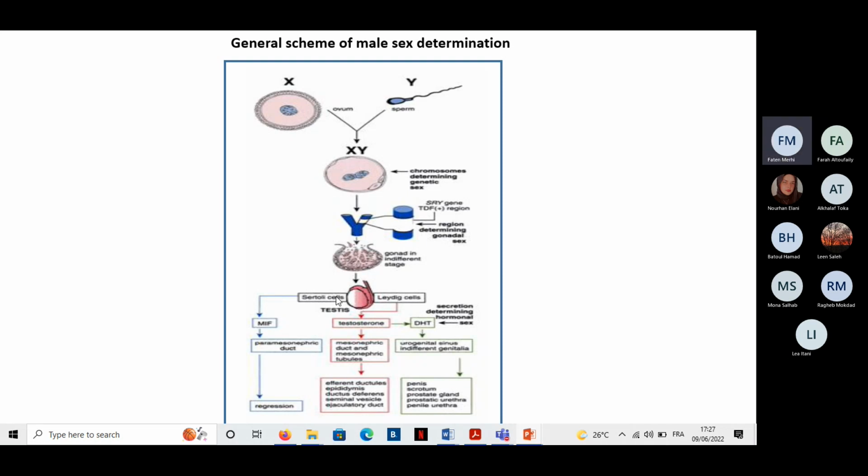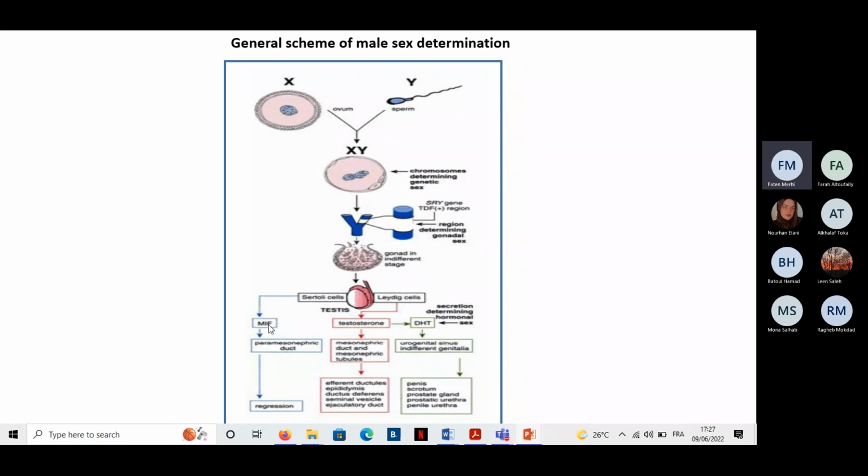Now the Sertoli cells in the testis will produce the MIF or the AMH hormone, the anti-Müllerian hormone, which will lead to the regression of the paramesonephric ducts, which is the Müllerian duct.